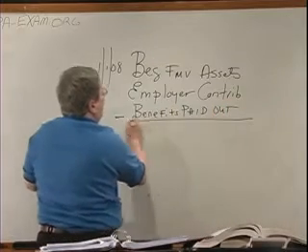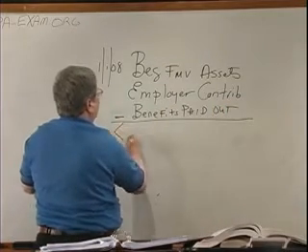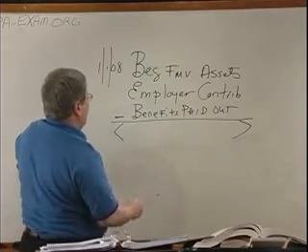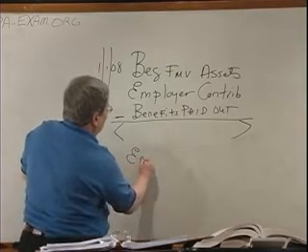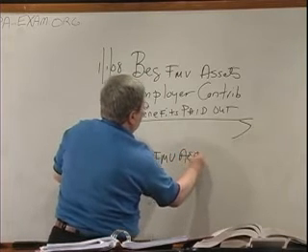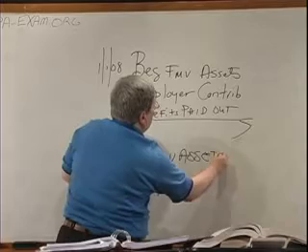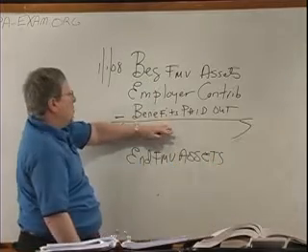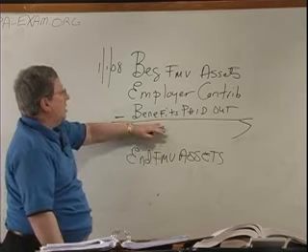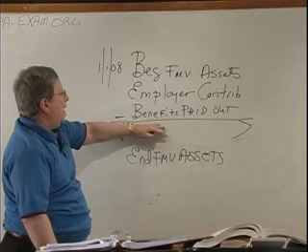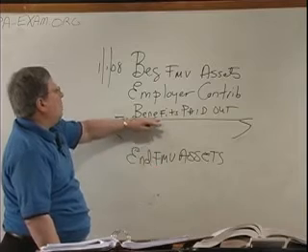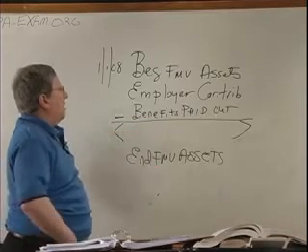And now that will give me an amount. Now, we're going to compare that amount to the ending fair market value of the assets. If the ending fair market value of the assets is greater than this amount, then the assets went up in value, and you have an actual return on plan assets.